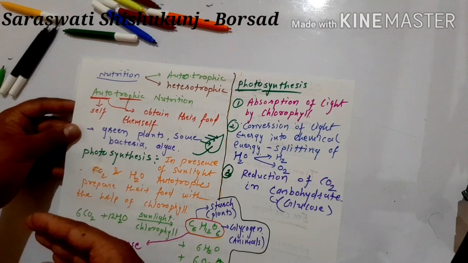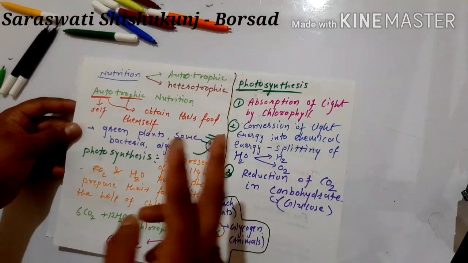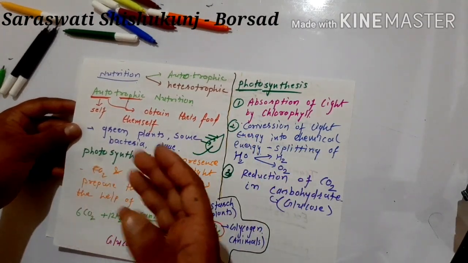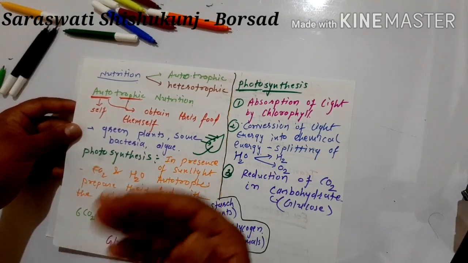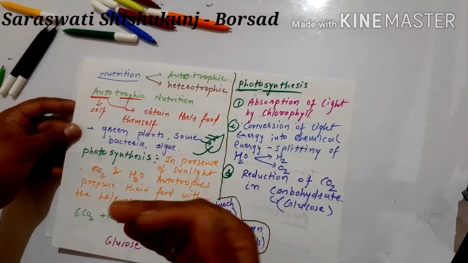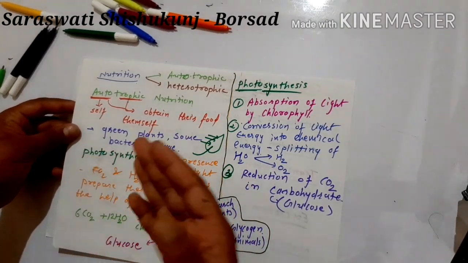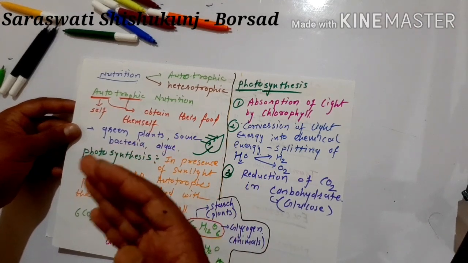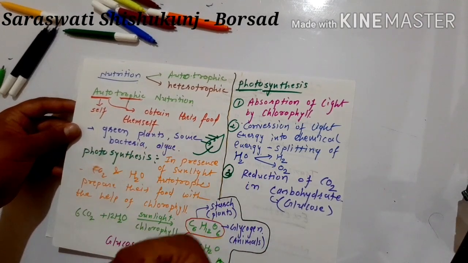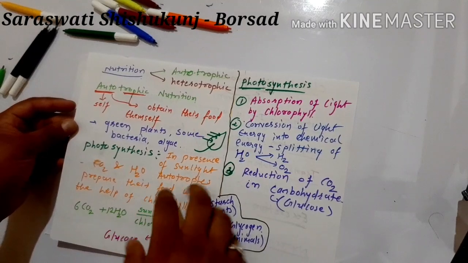In autotrophic nutrition, auto means self and trophic means to obtain food. If organisms are able to prepare their food by themselves, they are called autotrophic. Generally, blue-green algae, some bacteria, and green plants are examples of it.